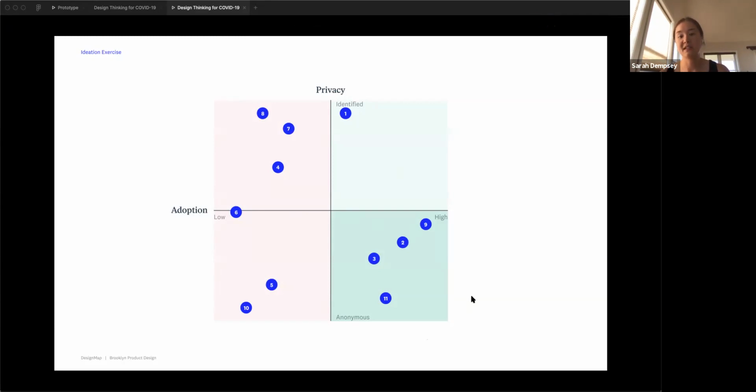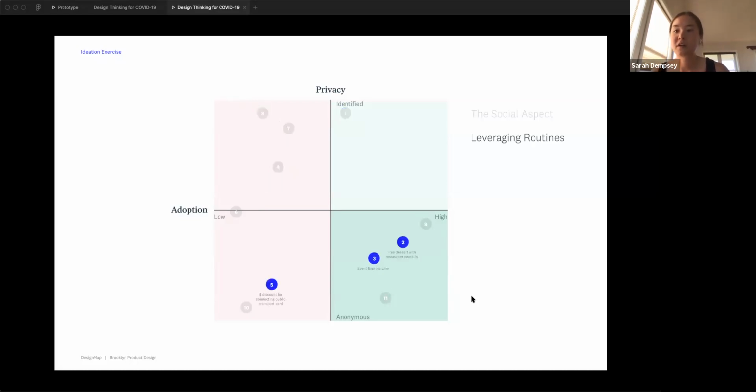After this, we tried to identify patterns in points that were located in proximity on the matrix. We came to understand that some ideas had a very strong social aspect, almost like social media platforms, leveraging peer pressure, and those elements might drive people to adopt contact tracing apps.